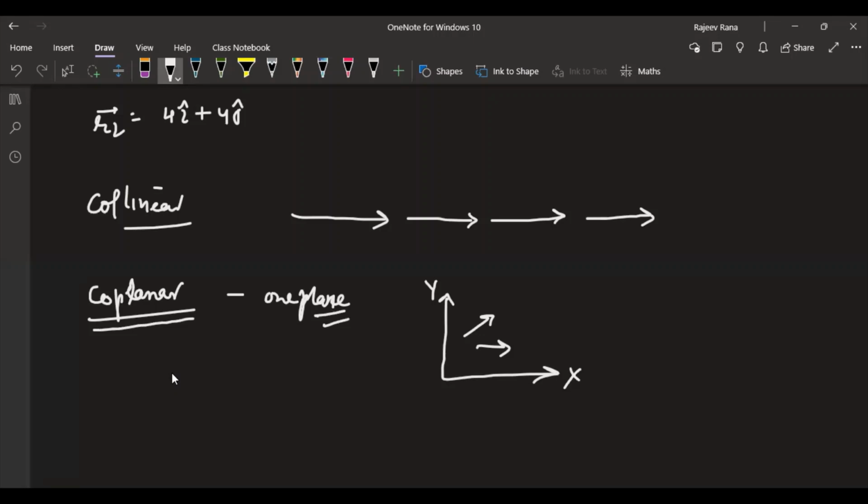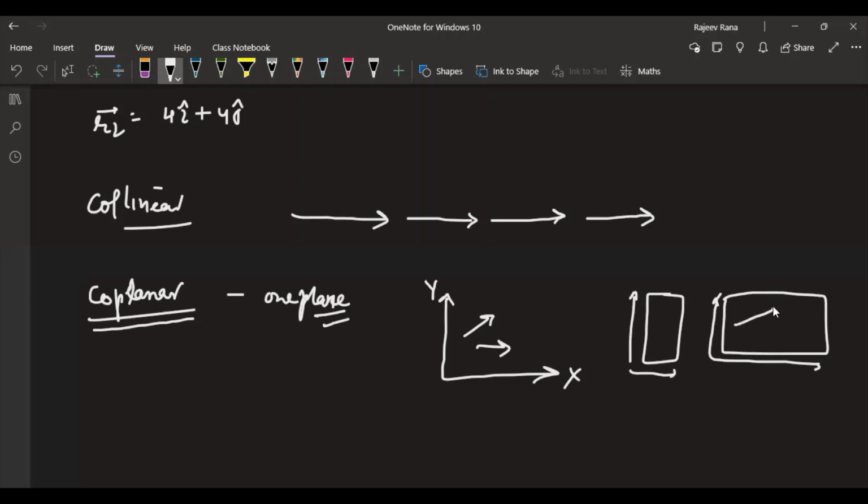Not clear? Can you explain again? Yeah. The two vectors which are on one plane. The screen of your mobile phone or your laptop is a plane because it has two dimensions, one is x and one is y. If you draw two lines on it, these two lines are coplanar.